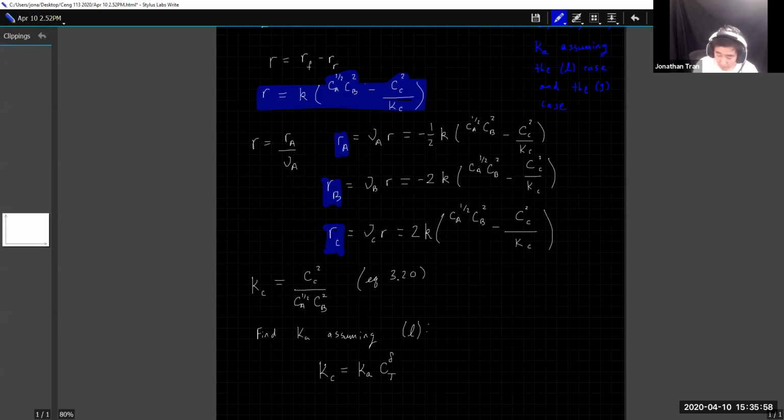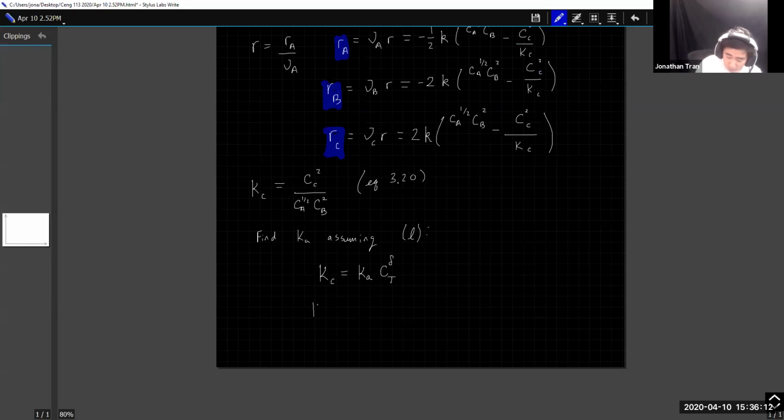And then we can simply rearrange this equation, assuming we knew the concentrations such that we can actually derive a numerical number for Kc. We would then be able to rearrange this equation such that Ka is equal to Kc divided by Ct to the delta.